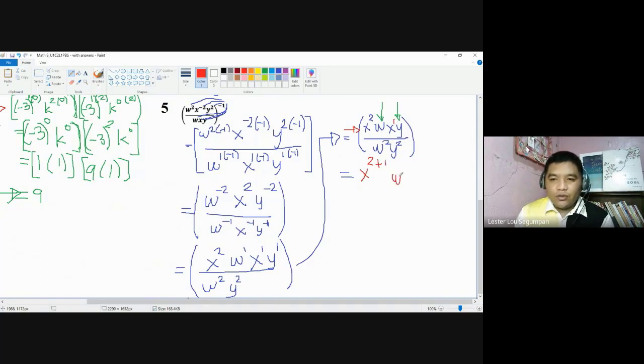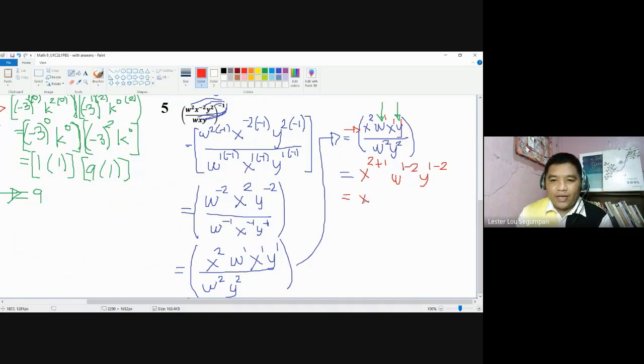For W, you have here again that interchange the exponents. You have originally here 1 minus 2. Because if you're going to make it 2 minus 1, that would mean that the exponent of the numerator is 2 and 1 for denominator. But it's the other way around. So you have here 1 minus 2. Same thing with Y, 1 minus 2, as there is also 1 there.